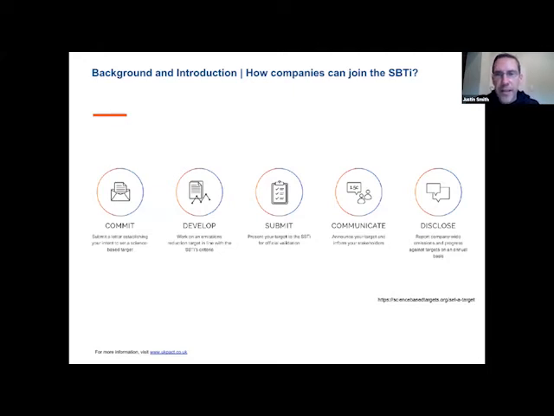Once that's been validated, there'll be a communications process around announcing the target, informing stakeholders. And then from a disclosure perspective, making sure that that's a key and critical part of your climate disclosure going forward, and that progress is as transparently presented to your different stakeholders as possible over time.